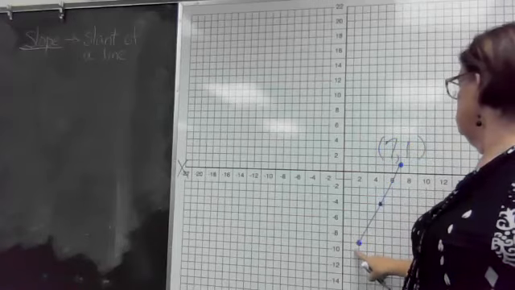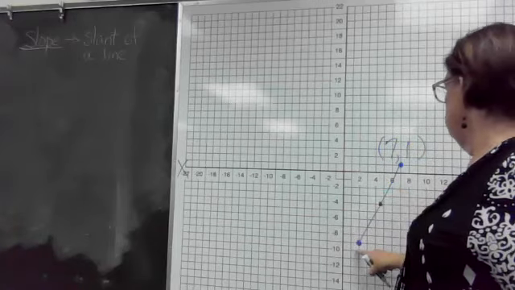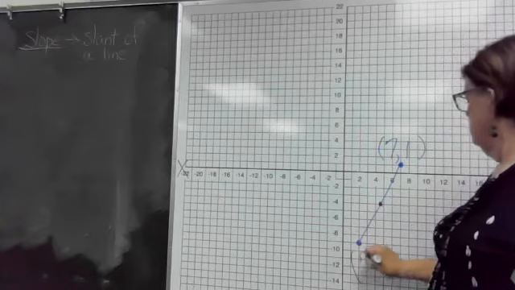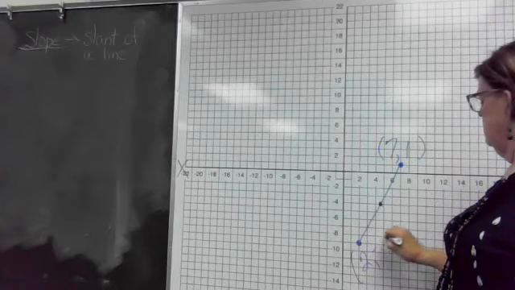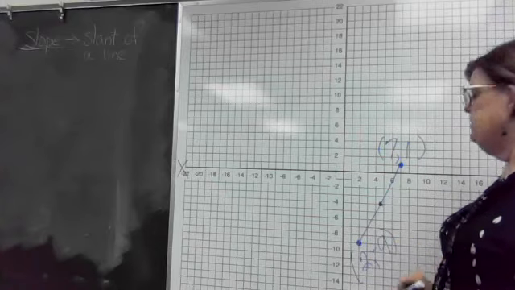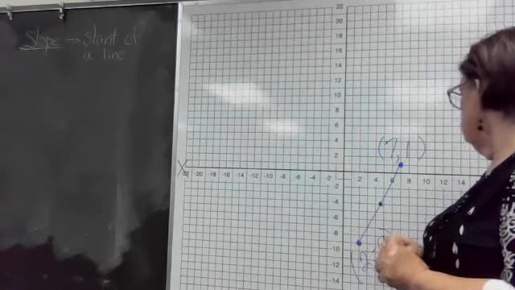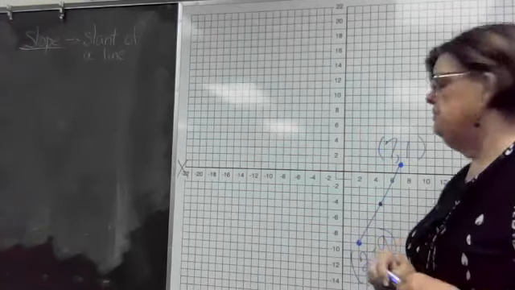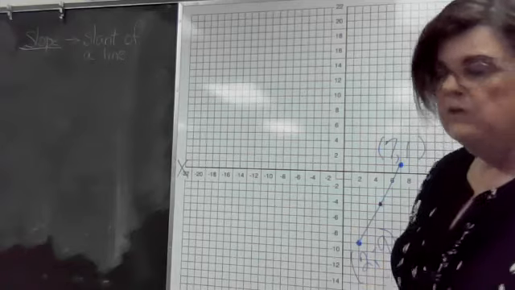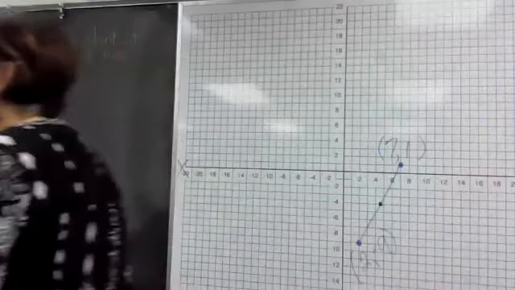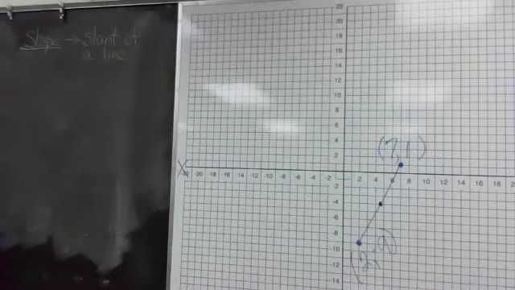And this point is 2, negative 9. This will be a different formula. A different formula. Did I do that right? 2, negative 9. This will be a different formula, but it's also on your formula chart.